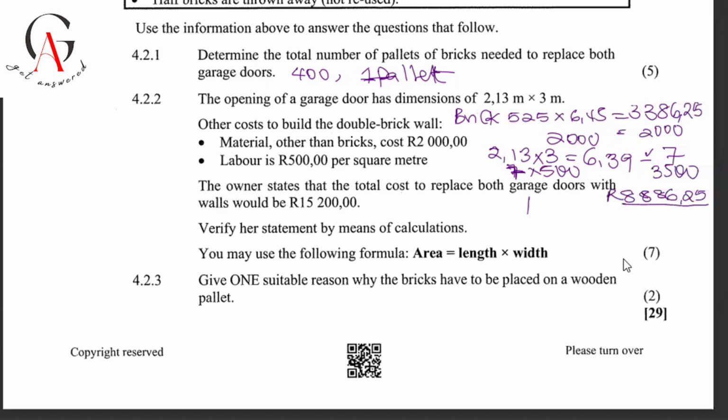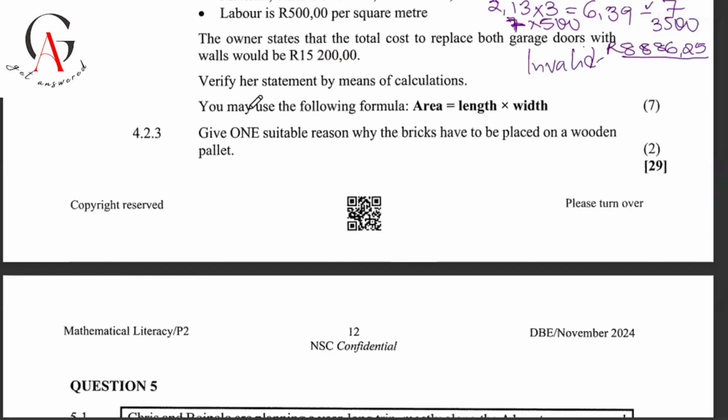And we shall say the answer is invalid. Give one suitable reason why the bricks have to be placed on a wooden pallet. You can say for easy carriage. They're easily lifted and carried from one place to another.